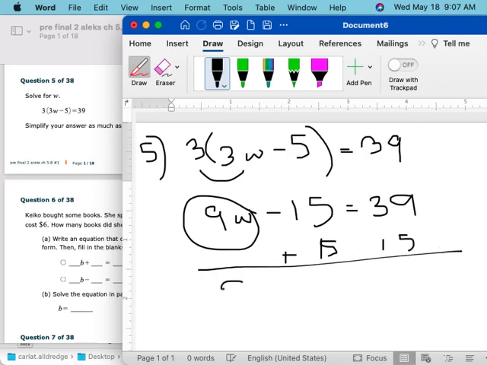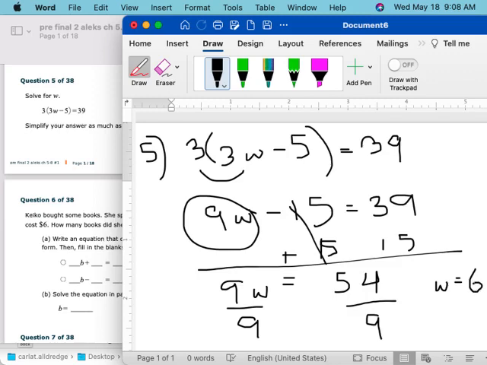So now we have 9W. This cancels out, equals 14, carry the 1, 54. So now we're going to divide by 9 and divide by 9. And we're going to get W equals, what's 54 divided by 9? It's 6, isn't it? Okay, so W equals 6.